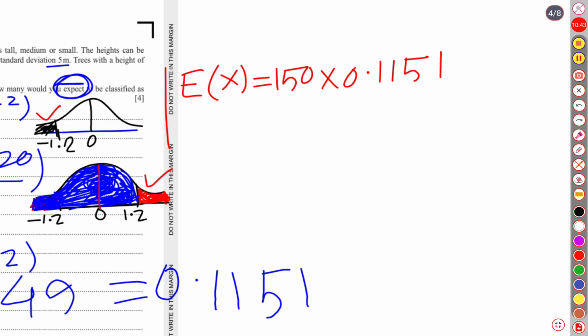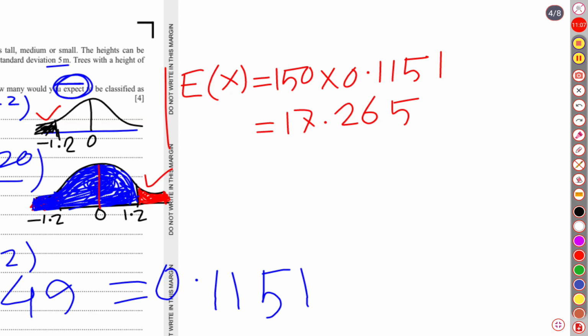Then finally, if we multiply this, it is going to be 17.265.